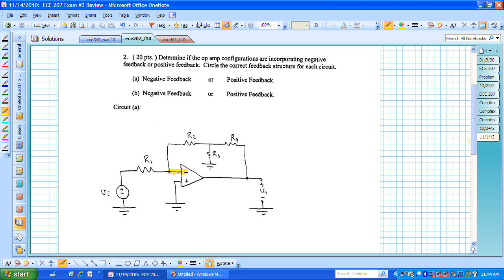And if we use the summing point constraint, and after we've analyzed our system, we find that the output voltage is exceeding what the supply voltages are, let's say this is minus V sub CC and this is plus V sub CC, then we've gone outside the linear operating range and we've reached saturation.